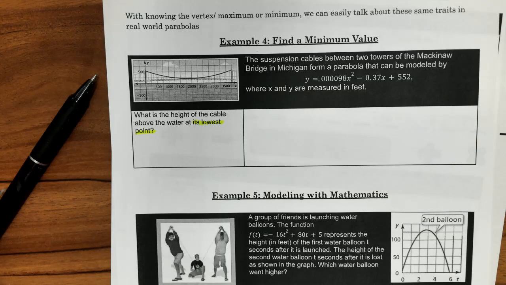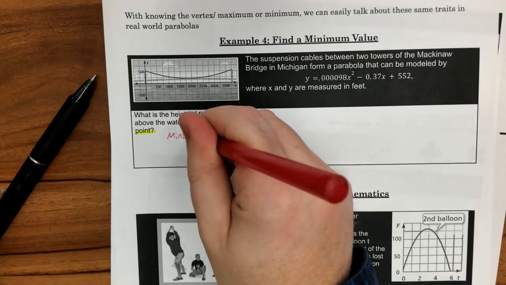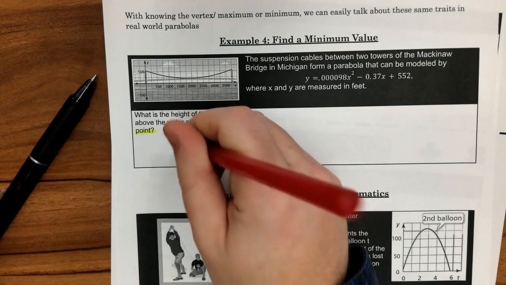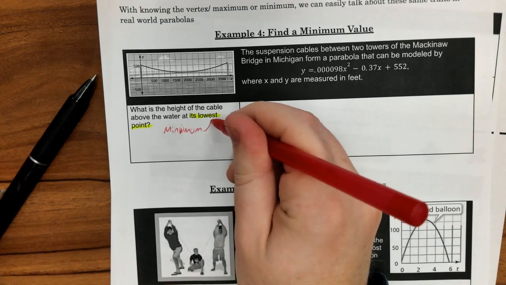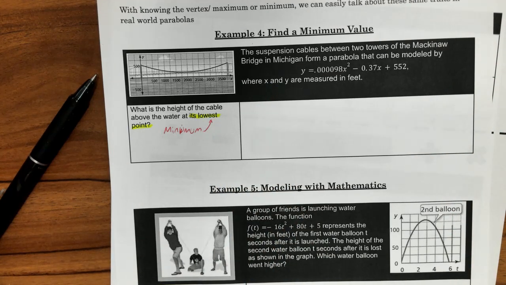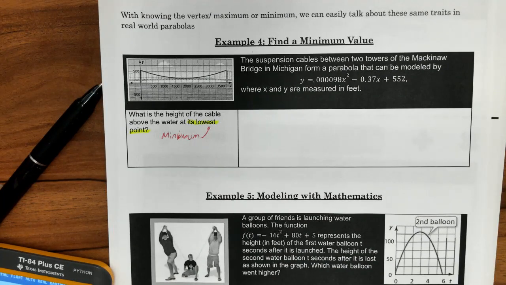Whenever a problem is asking us about its lowest point or its highest point, that sounds a lot like minimum or maximum. So it's asking us, hey, can you find the minimum of this equation here? And the answer is absolutely we can. We just have to find the vertex.